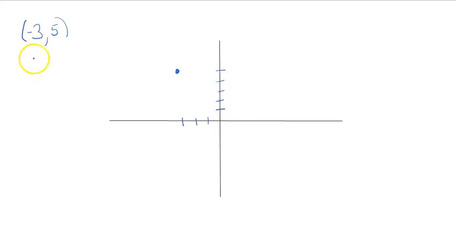Another one, 4, 3. 4, 3 would mean, because it's positive, I would go right 4, and then again, because it's positive, I would go up 3. So right 4 and up 3 would put me here. And let's do another one. -4, -2.